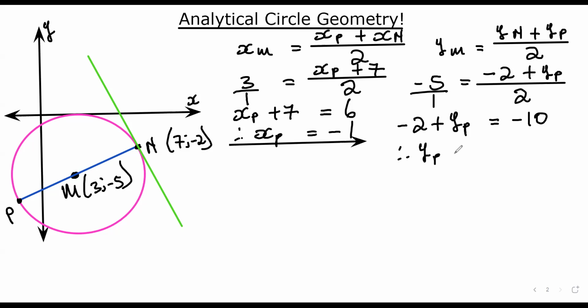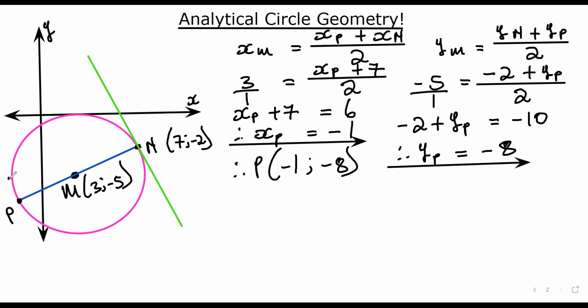So this means the y value at P is just going to be -8. So this means the coordinates of the point P are simply -1 and -8. So we can simply label them on the sketch, and yeah, that should be that.